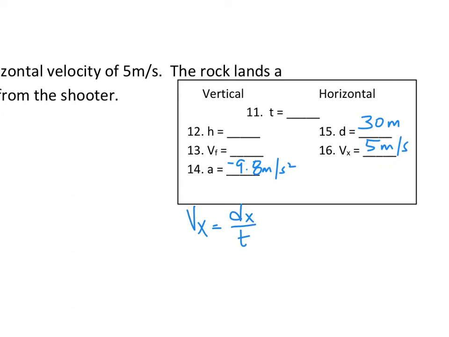So I'll substitute 5 meters per second for my horizontal velocity, 30 meters for my horizontal distance, and I want to find time. So to get t by itself, I need to set up my fraction on the left so that I can cross multiply. I get 5 times t equals 1 times 30.